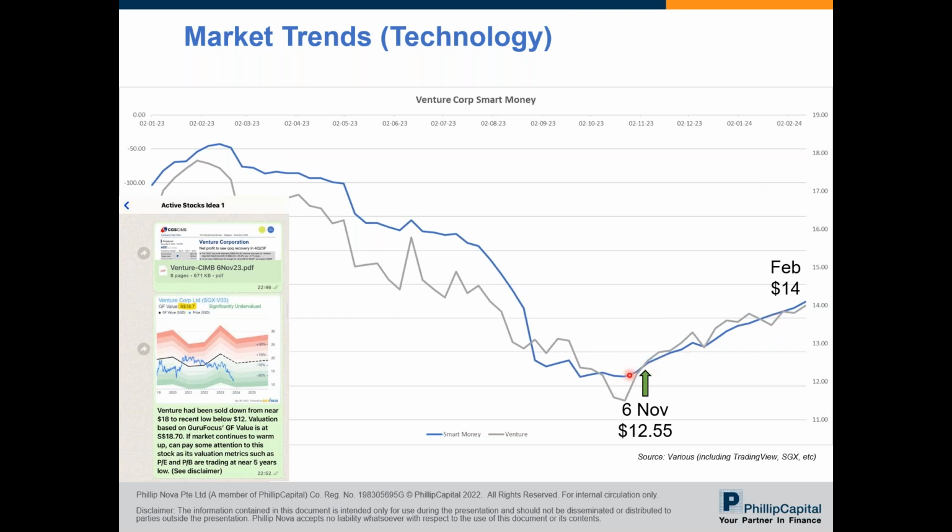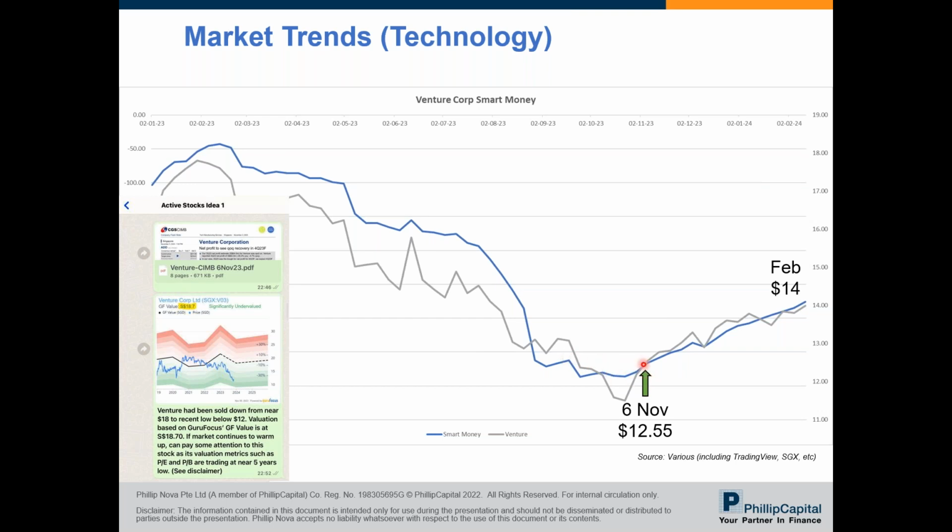As I mentioned, the way to use the smart money chart is very much similar to how we use the price chart of a stock with technical analysis. You can do so by drawing a trend line or looking for key support and resistance levels. In this case, the key resistance levels are a point here and a point here.